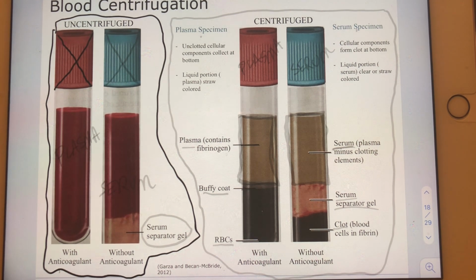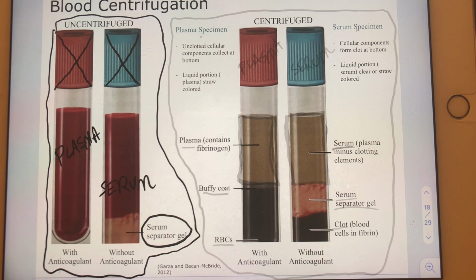So that means that this is going to be the plasma specimen. Whereas this tube, the one with the blue top, doesn't have anticoagulant. Instead, it has the pretreatment of serum separator gel. So this is going to be our serum sample.